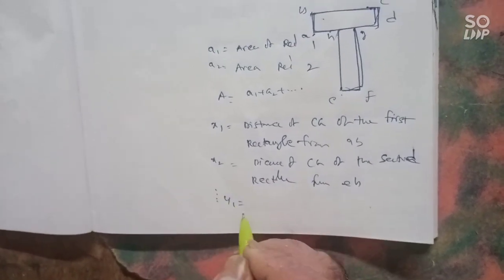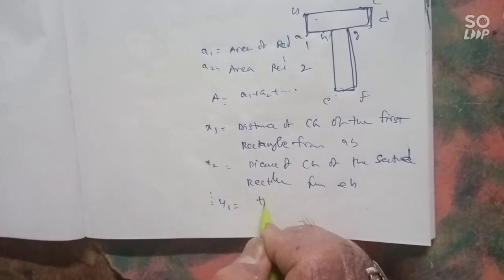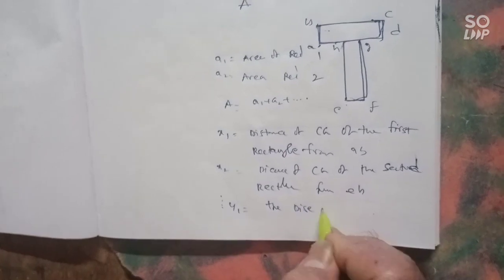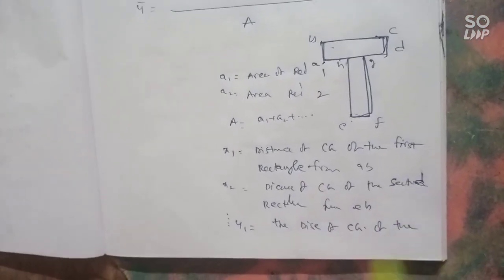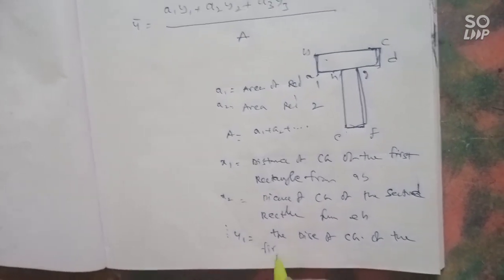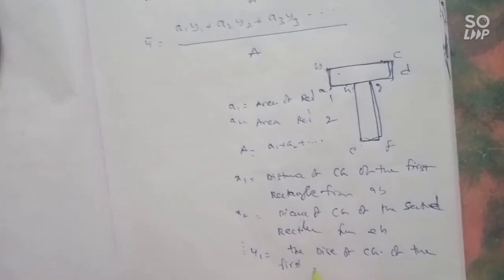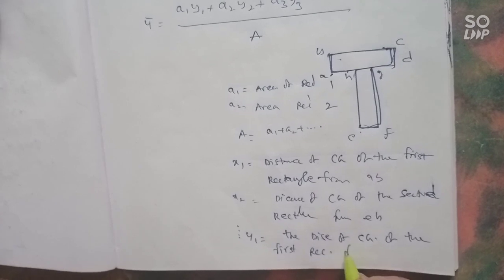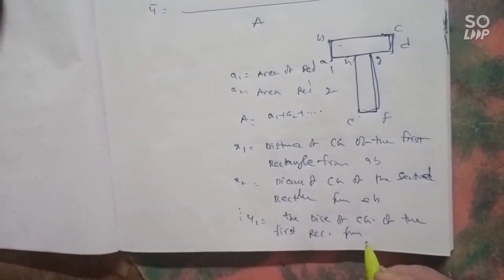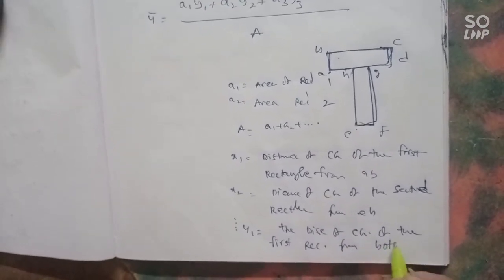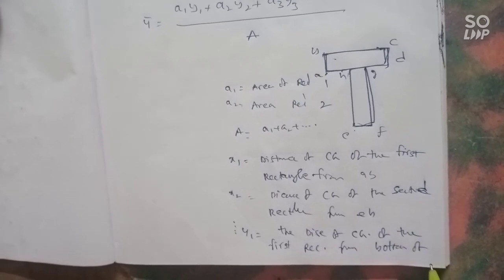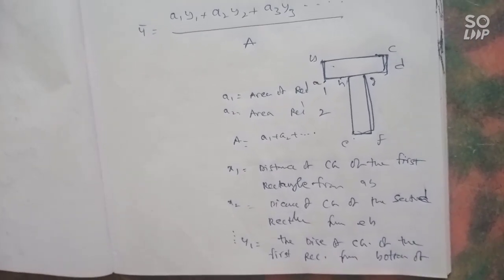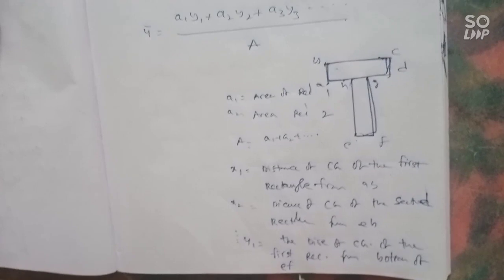Similarly, y1 is the distance of CG of the first rectangle from the bottom of EF.